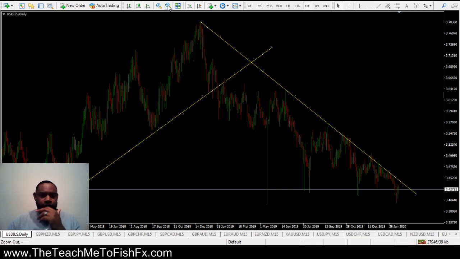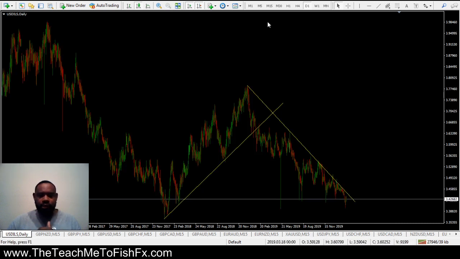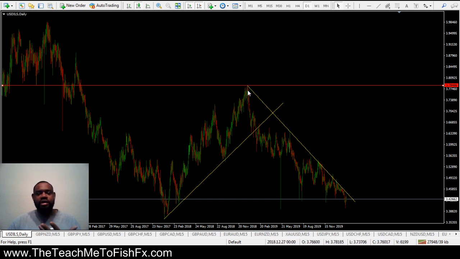It came back up here and more than likely found, let's see, previous, look at this, this was a previous support, was broken, and then it finally came back up to be retested to see if it can be a good resistance. And it was a good resistance. And then it pushed down from that resistance.